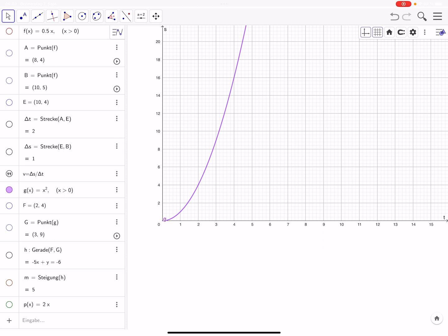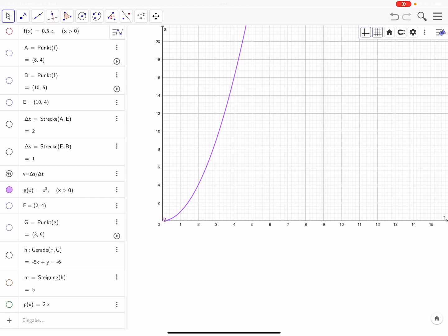And here is an example. So the graph of G shows a parabola, and if we consider this as the time distance graph of a movement, then we can see that the graph is getting steeper, so the slope is getting higher.